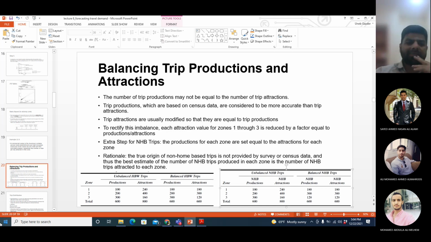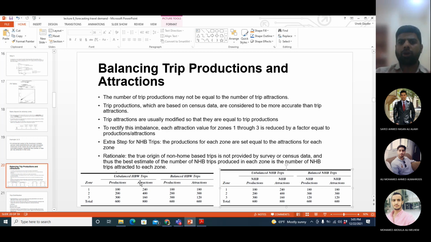Now you can see here that the trips produced is this much and the total number is 600, and the trips attracted is calculated this much and the total number is 800. And again, we are talking about trips of a specific purpose, so this exercise should be done for each trip purpose.